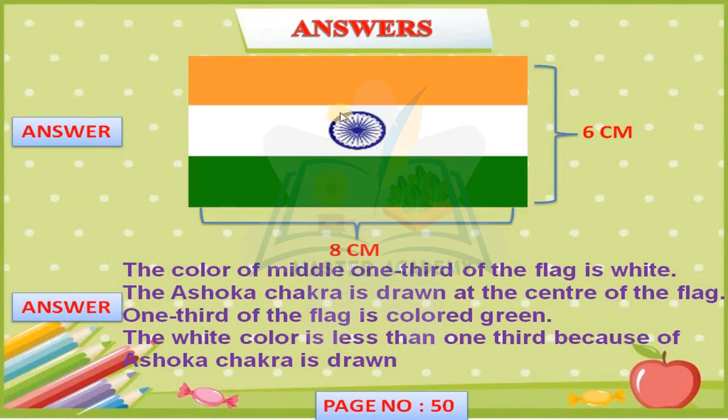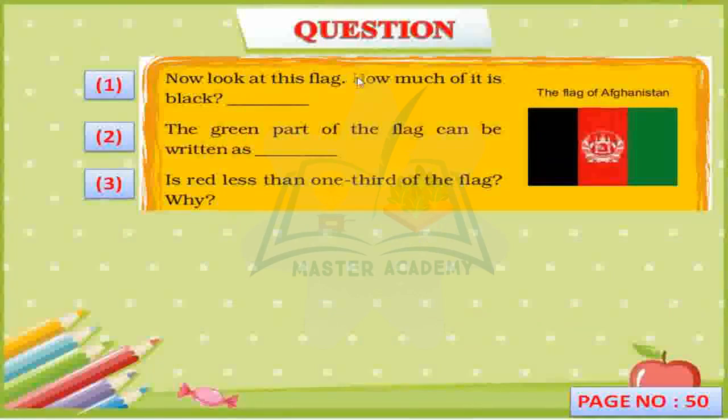We have drawn Ashoka Chakra in the middle of the white color. Therefore, the size of the white color is reduced. Understood what I am telling you, beta? Clear? Now we will move on to the next question.